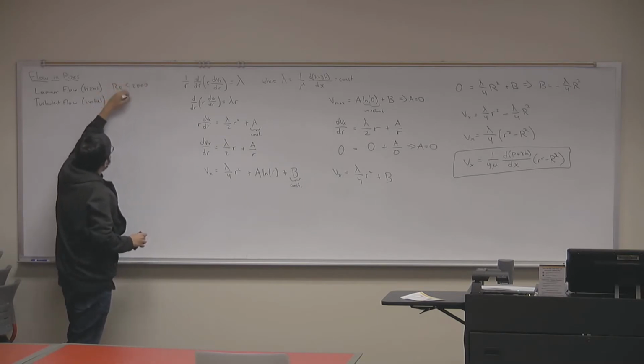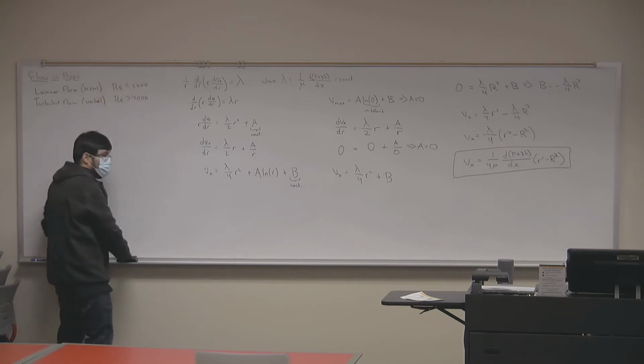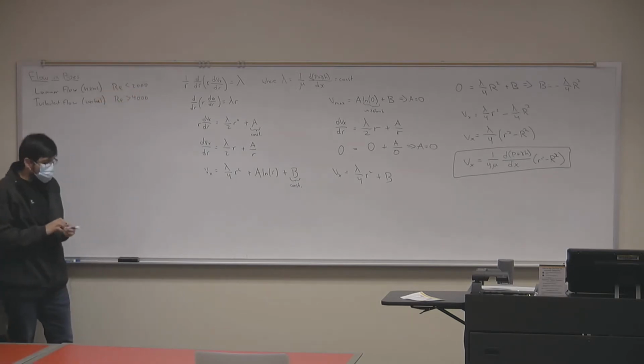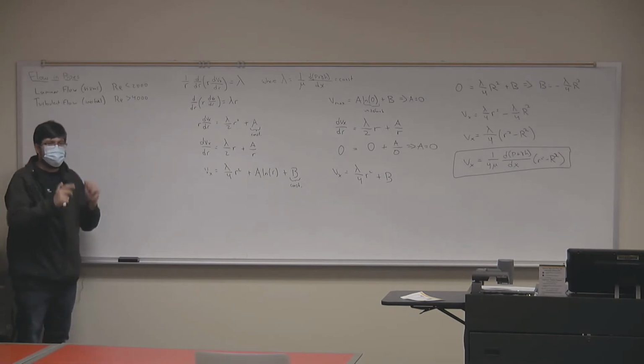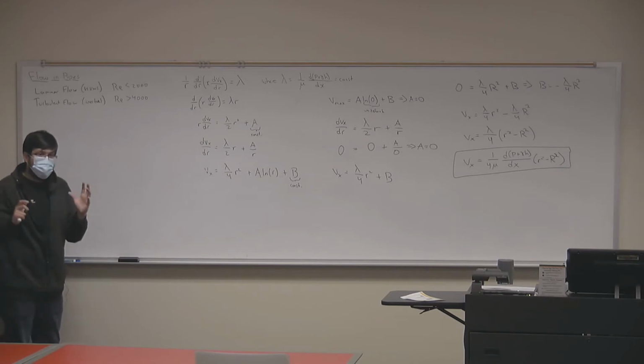And this Reynolds number, I don't want you to take these values and memorize them, because different flows, different fluids in different environments will have different ranges. What we need to know is that when the Reynolds number is very large, my flow is turbulent. And when it's very small, my flow is laminar.